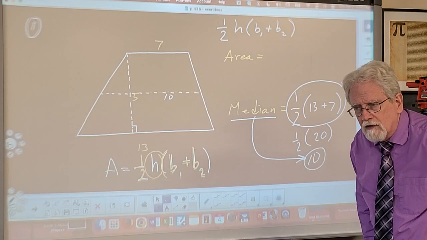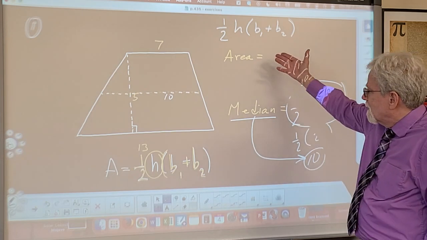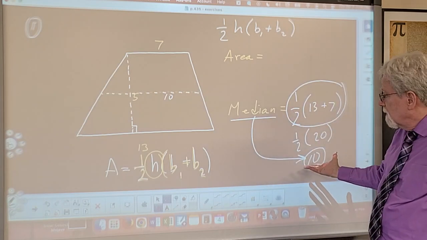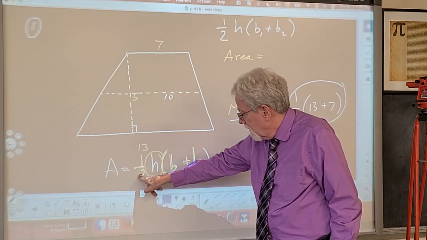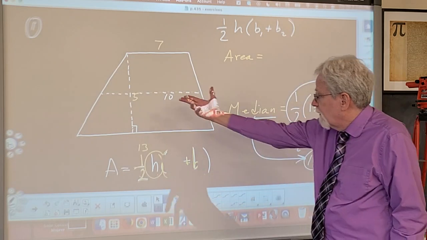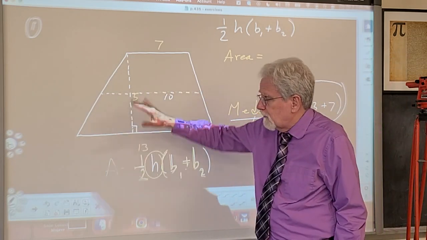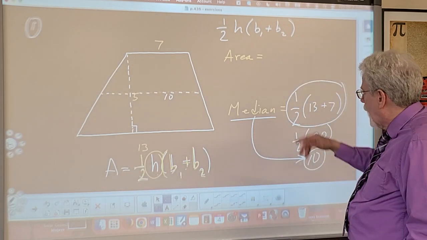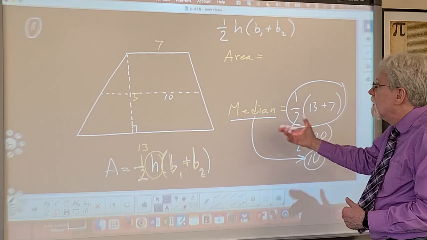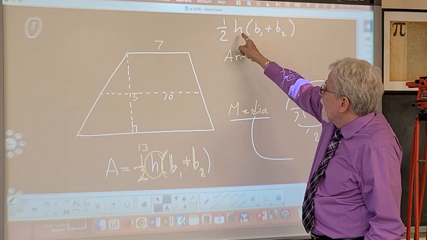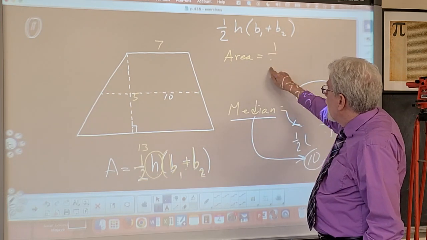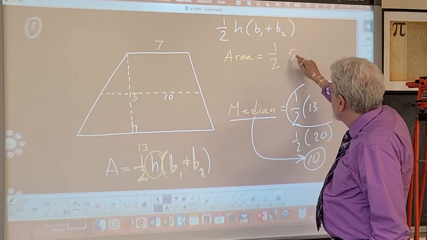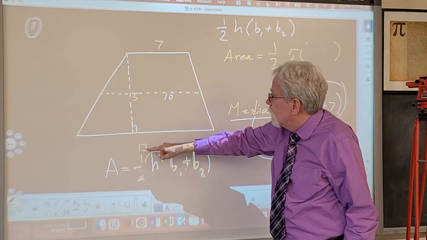It's a shortcut. If you've got to find the area and the median, just find the median first and then multiply by the height. The height is 5, so the area of this whole thing has to be 50. Now, if you don't want to go to that trouble, okay, then just use the formula 1/2 times height times sum of the bases. That's 1/2 times the height, which is 5, times the sum of the bases, which is 13 plus 7.